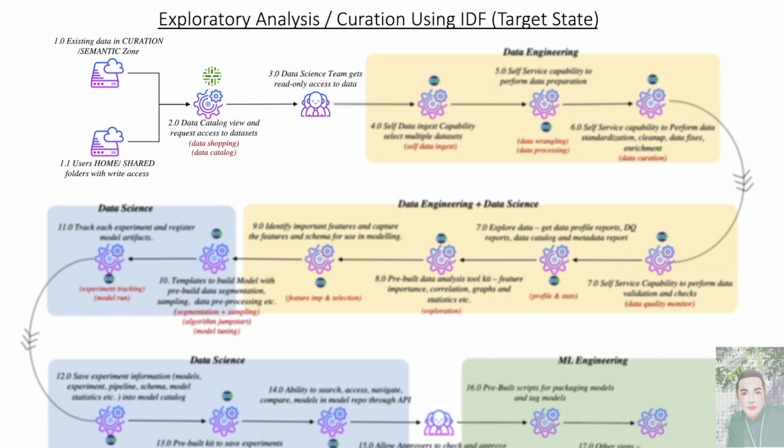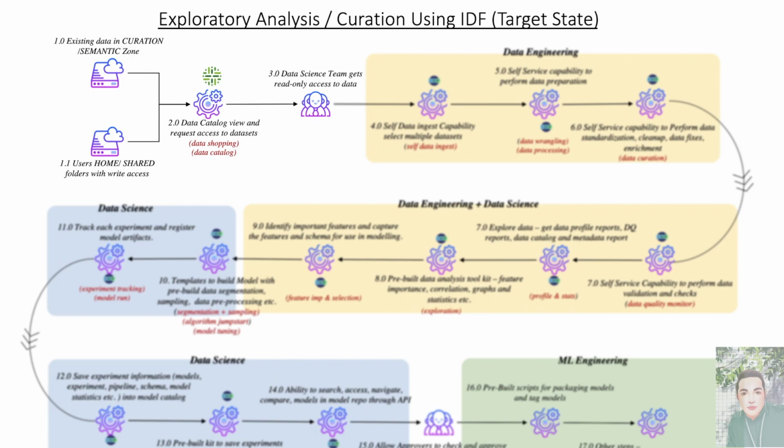I want to predict what kind of orders I'm expecting next month for the products I have in my catalog. For that use case, a data scientist can now go into the catalog, because there can be hundreds and hundreds of data sets and data assets in the system. It becomes very easy to search for the data, get access to the data, and it becomes a shop-for-data experience.